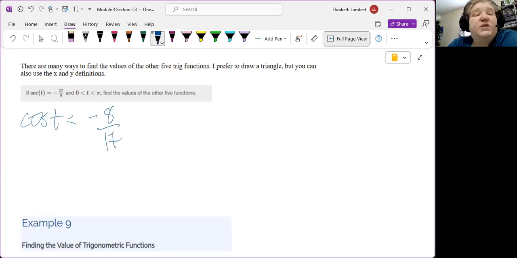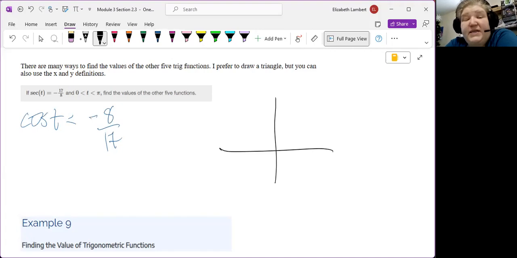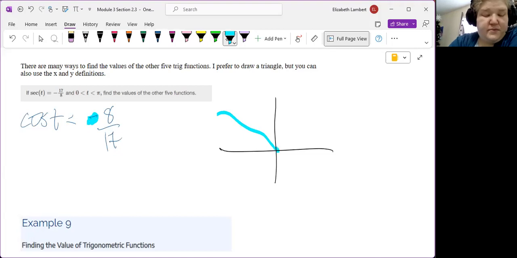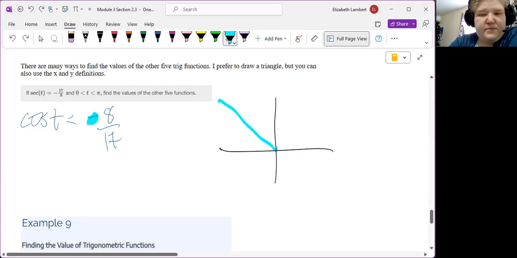And then the other thing we're told is that t is between 0 and pi. So now we're trying to figure out, well, where is it? Is it going to be 0 to pi over 2, or is it going to be pi over 2 to pi? Since our cosine is negative, our triangle is going to be over here in quadrant 2.